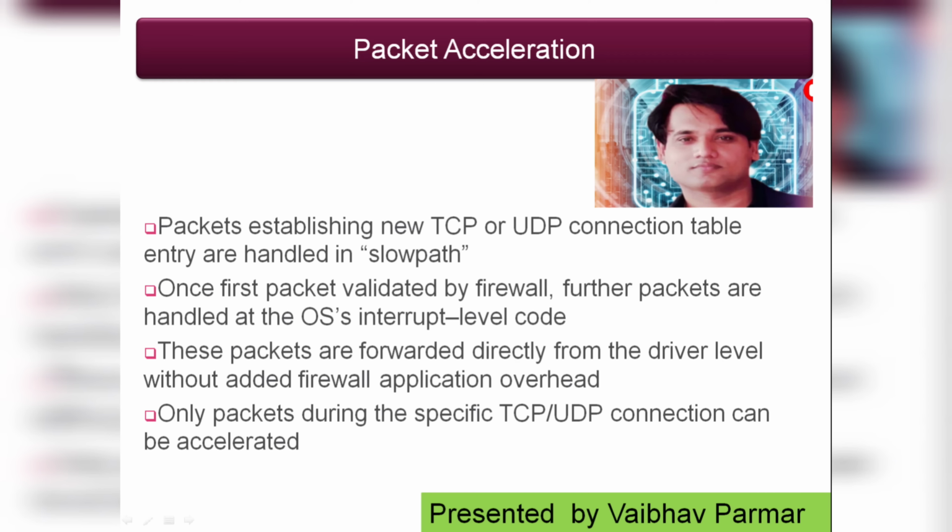Means further packets which we receive on those communications are handled at the OS interrupt level code. The round trip packet processing is handled by the driver level only, or OS level only. Later packets determined to be a part of an existing connection or already validated flow are forwarded directly from the driver level without adding the overhead of a firewall application environment.